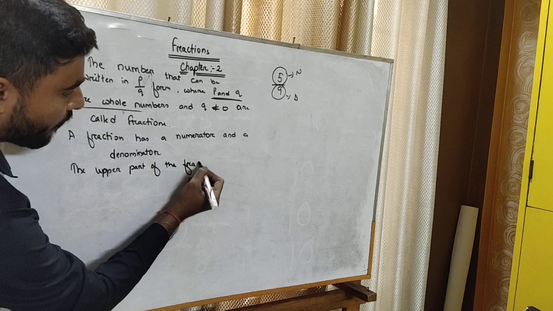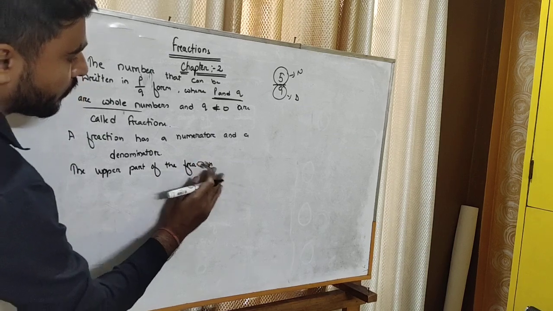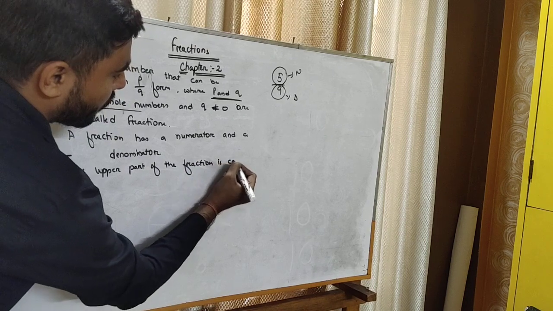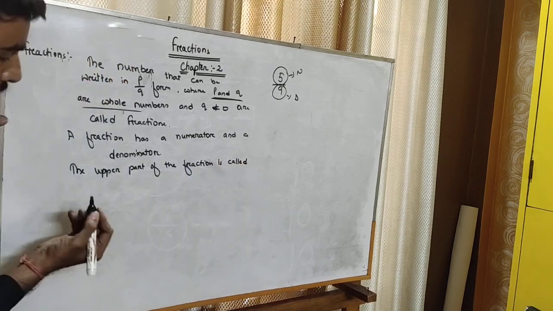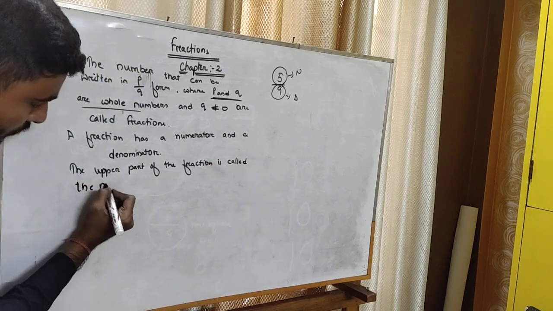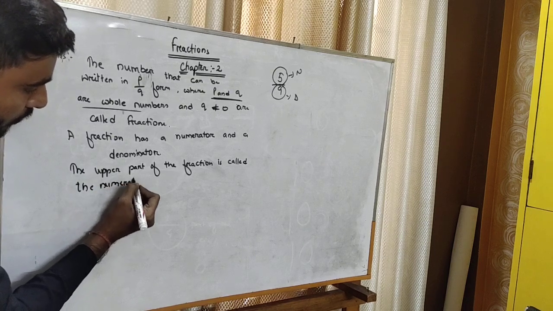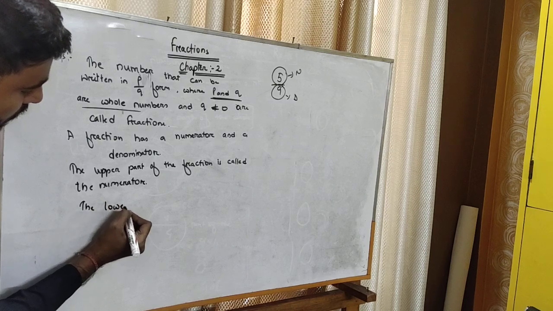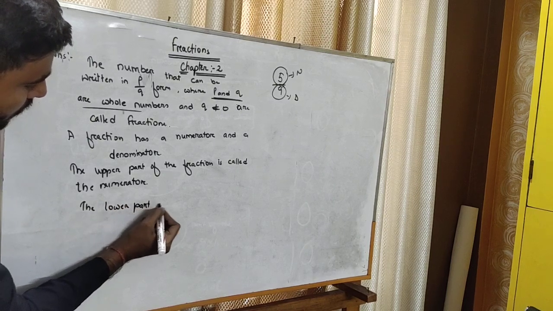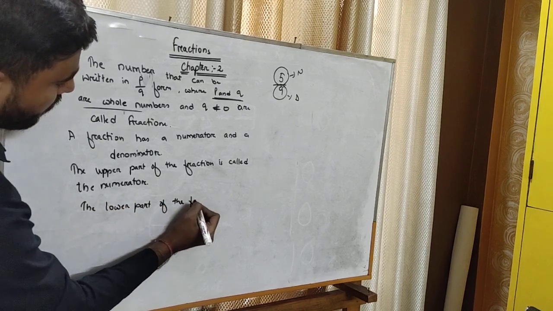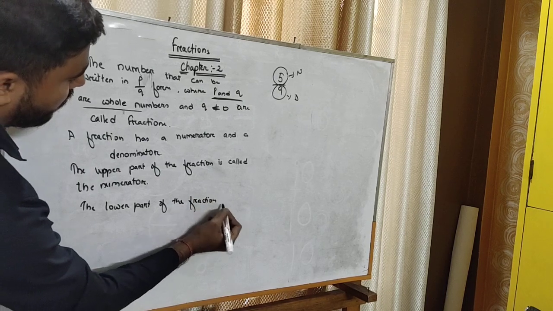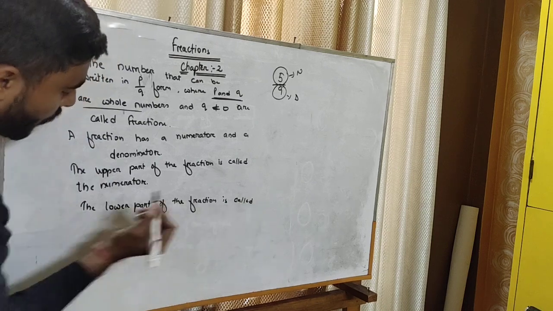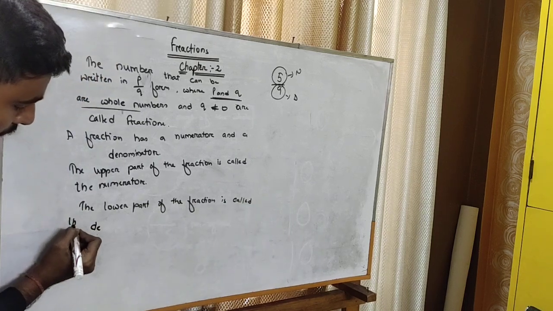The upper part of the fraction is called the numerator, and the lower part is called the denominator.